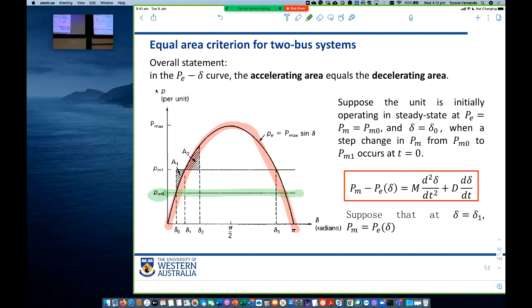Now, let's say all of a sudden we increase the mechanical power to PM1.